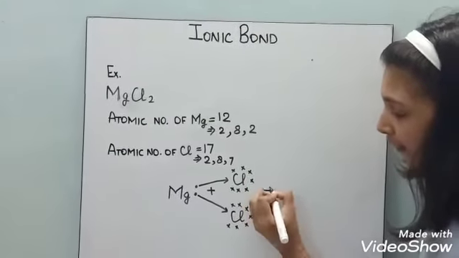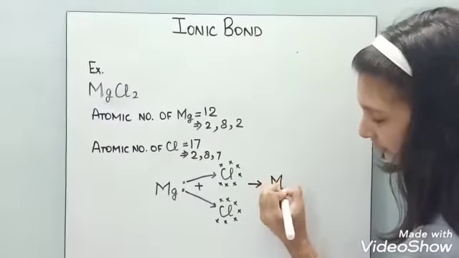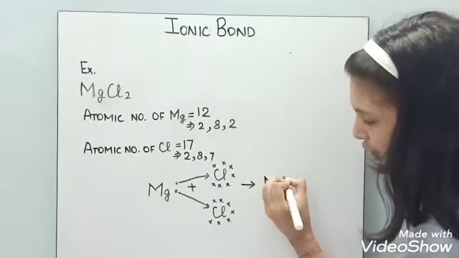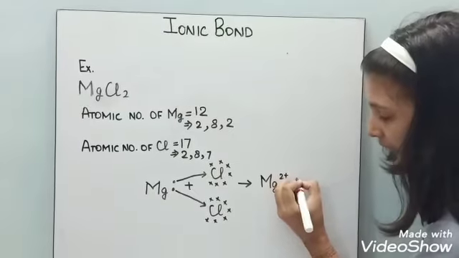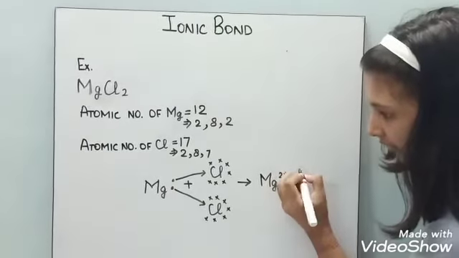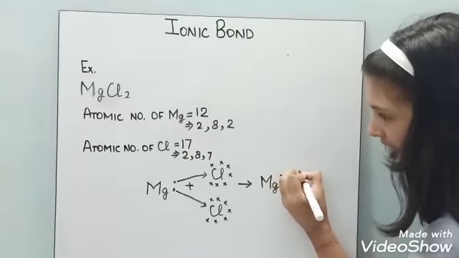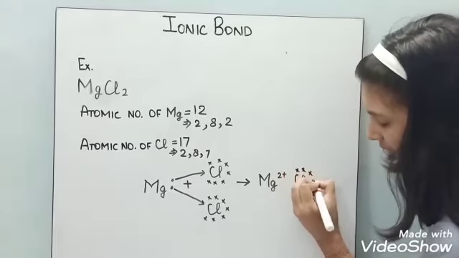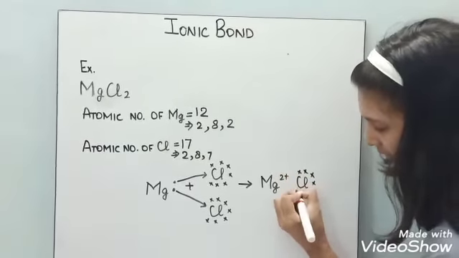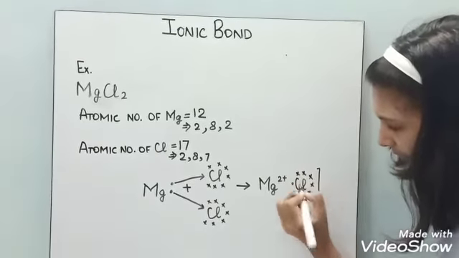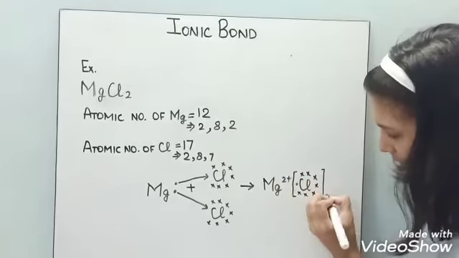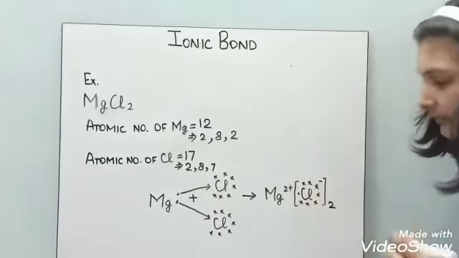So it will form Mg 2 plus and chlorine minus.